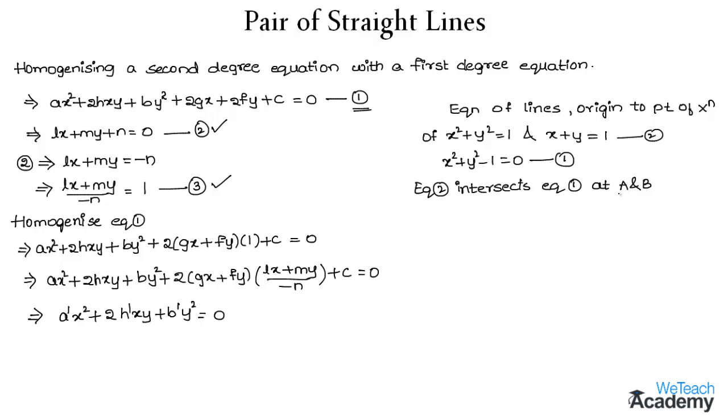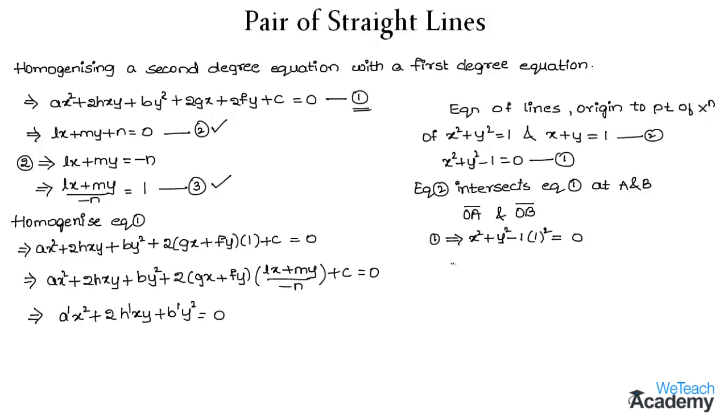For the combined equation of line segments OA and OB, we need to homogenize equation 1 using equation 2. Equation 1 can be written as x² + y² - 1. Here, as it is a constant and we need to convert the whole equation to second degree, we need to multiply it with 1², which is equal to 0.